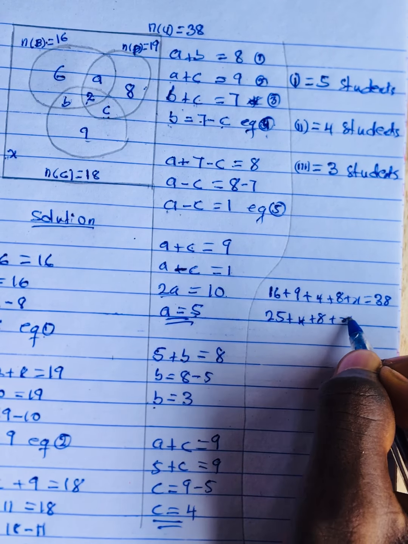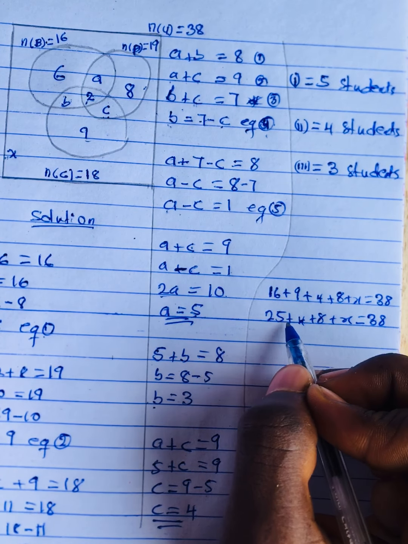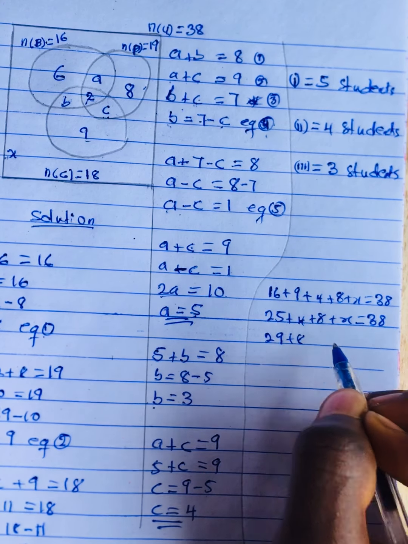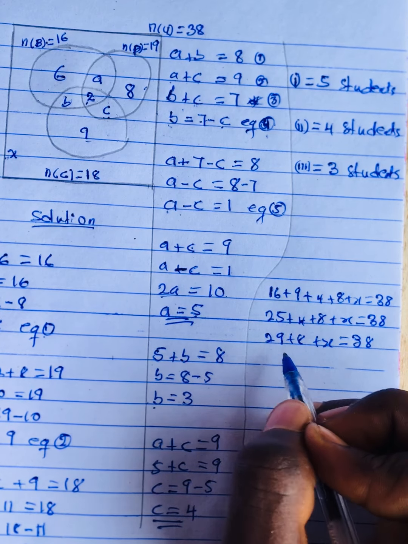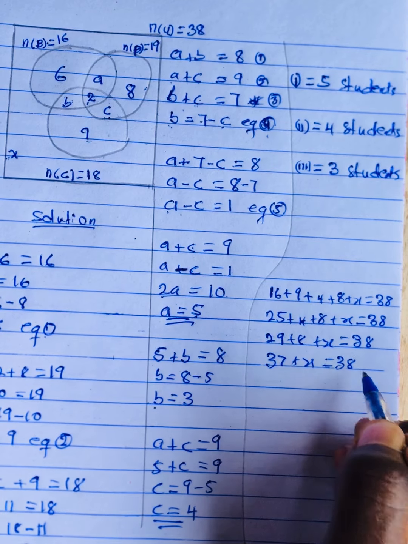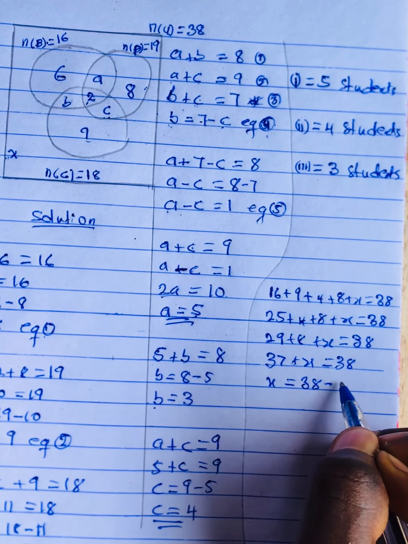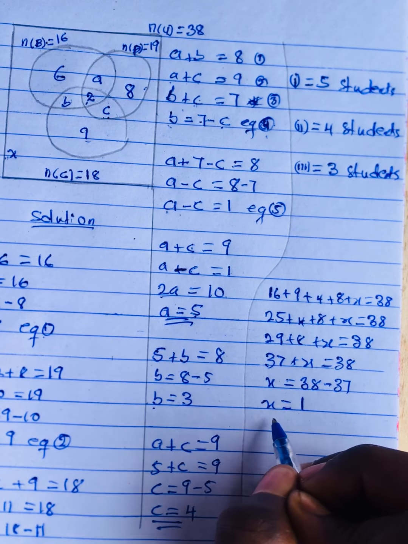Plus 8 plus X is equal to 38. This plus this is equal to 25 plus this is equal to 29. Plus 8 plus X is equal to 38. This plus this is equal to 37 plus X is equal to 38. Then X is equal to 38 minus 37. X is equal to 1.